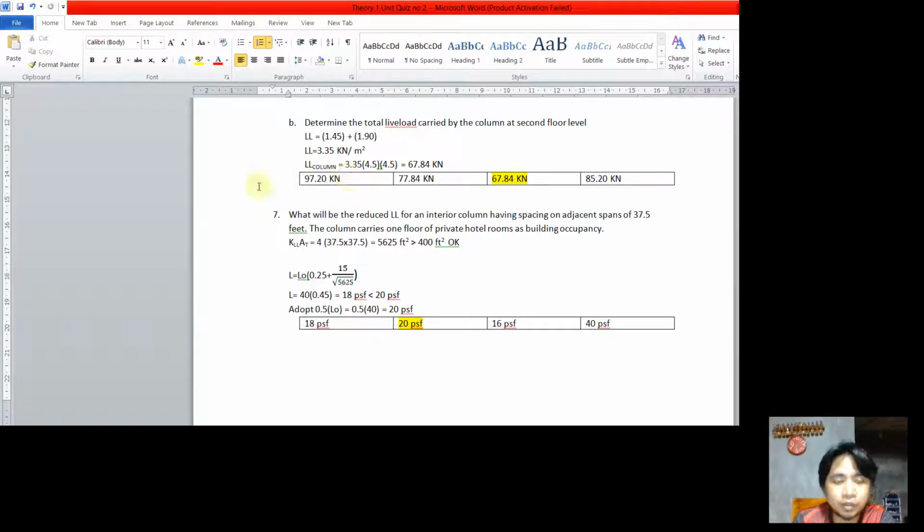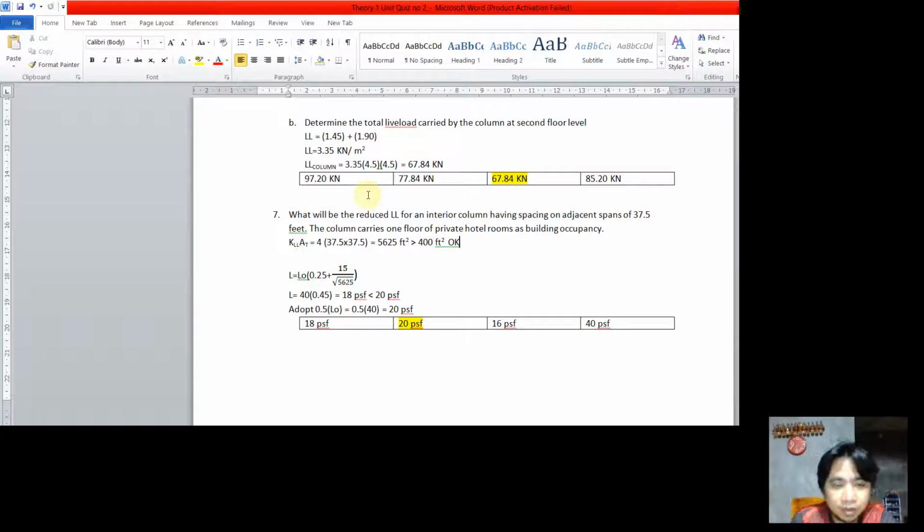So for our influence area, having a live load element factor of 4, multiplying it by the tributary area, 37.5 by 37.5, we come up with this much, greater than 400 square foot. And that is okay because we exceeded the minimum requirement.